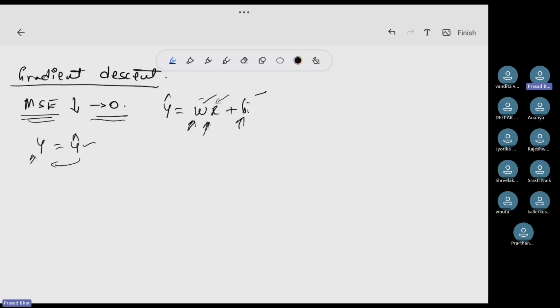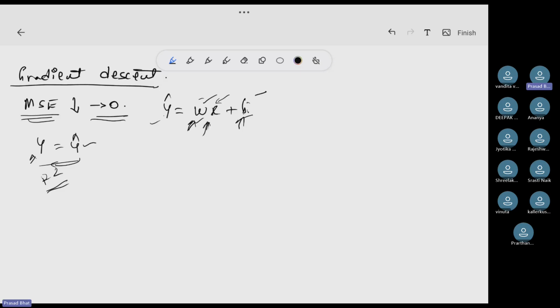We change the values of W and B and calculate Y cap for each combination of W and B, right? And then with respect to this value, we calculate R square, find out whether R square is becoming less or more. Based on that, we again have to change W and B and repeat the process. This is the whole idea.